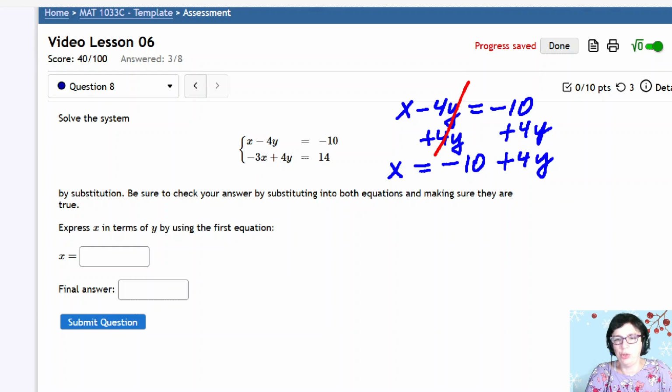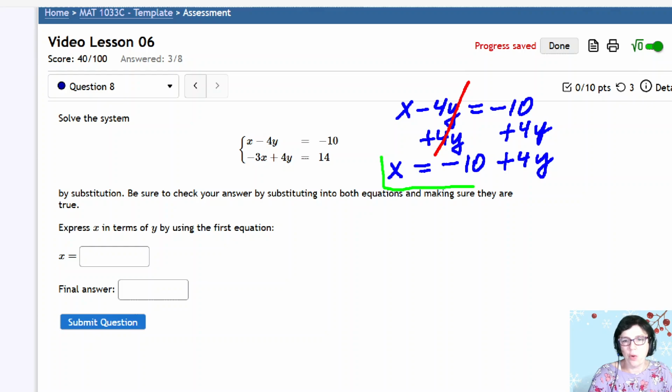Now, I've seen students trying to combine these two terms, the negative 10, and then they see plus 4, and they think that that's negative 6y. No, it's not. The negative 10 doesn't have a y, and when you add it to a term that has a y, they cannot be combined.